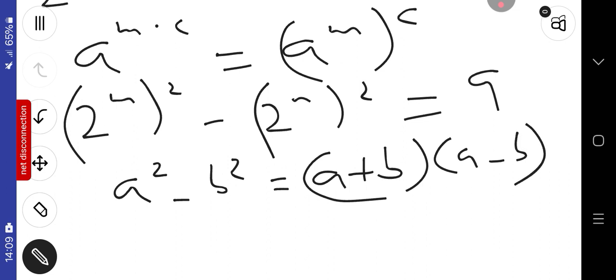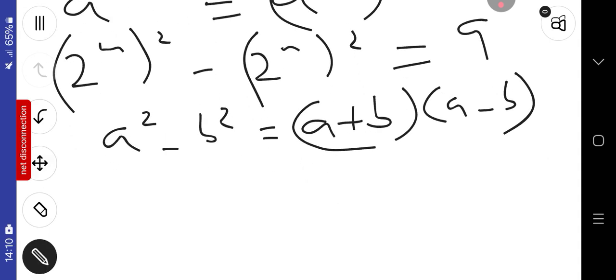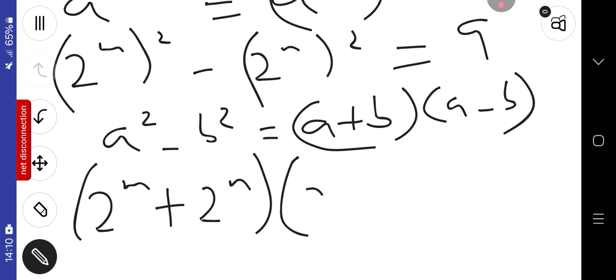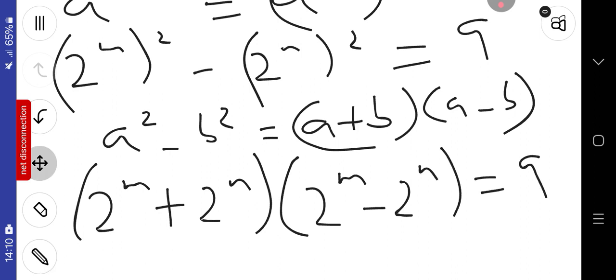This is the difference of squares identity. Now let's apply this to our question. So you're going to have 2 exponent m plus 2 exponent n multiplying 2 exponent m minus 2 exponent n is equal to 9.